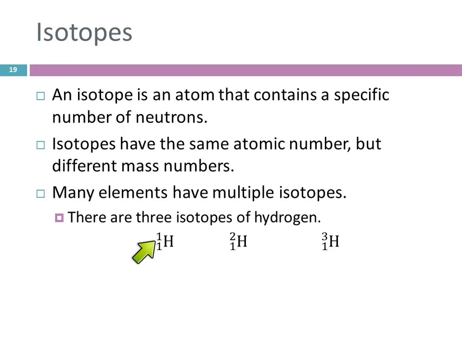They differ in their mass number. This one has 0 neutrons, because if we subtract, 0 neutrons. And this one has 1 neutron. And this one has how many neutrons? 2 neutrons. So that's how they're different.